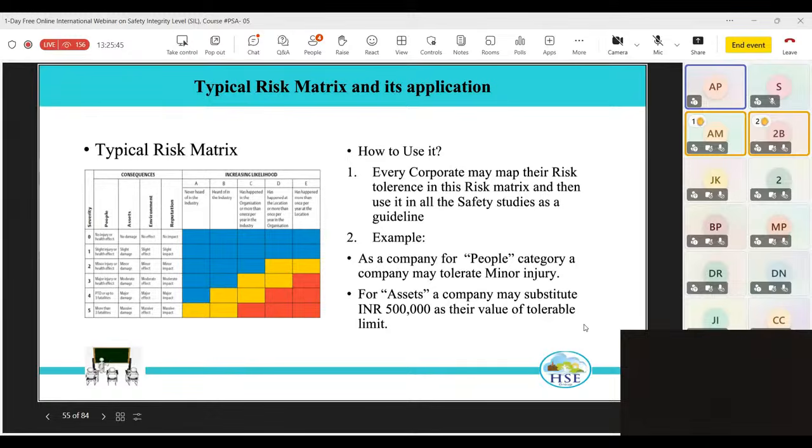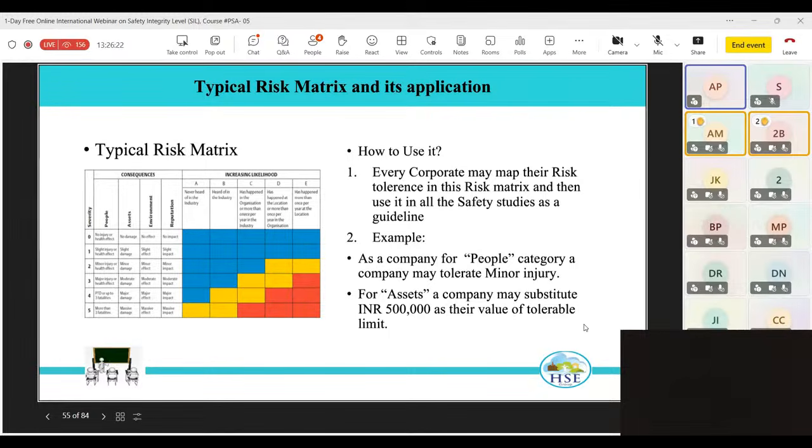If it is only limited to the local newspaper, it could be defined as a slight impact. If it comes into the radio news also, it is something higher. If it comes in the TV news also, it is much more. And if it comes in the national media, it is the worst kind of thing. With this kind of reputation damage, people probably will not join that company, or punitive measures by the government of that country can be taken. So this kind of calibration of the consequences is done here.